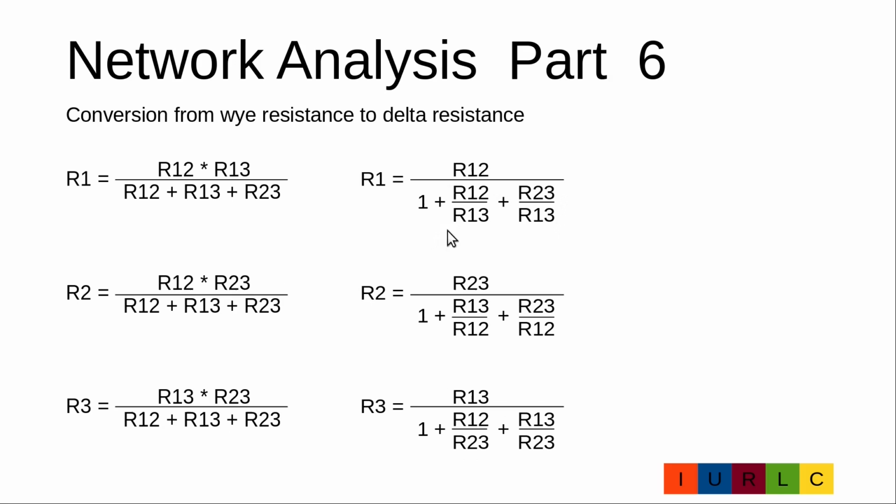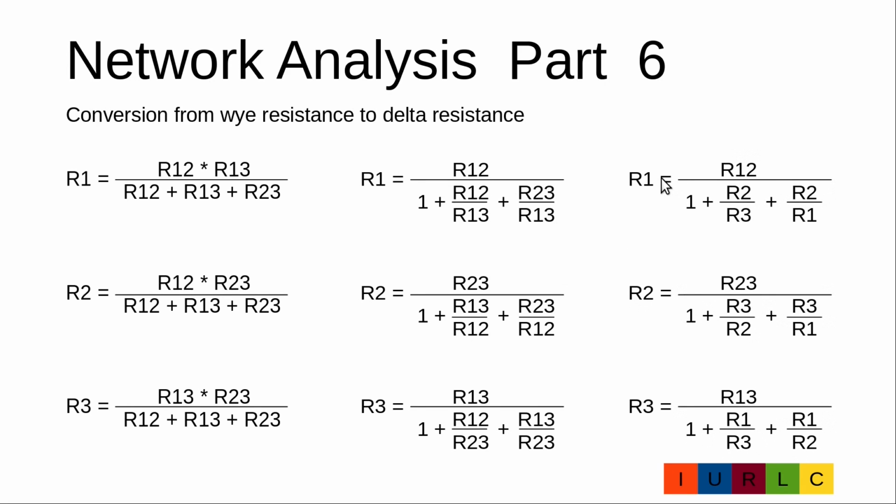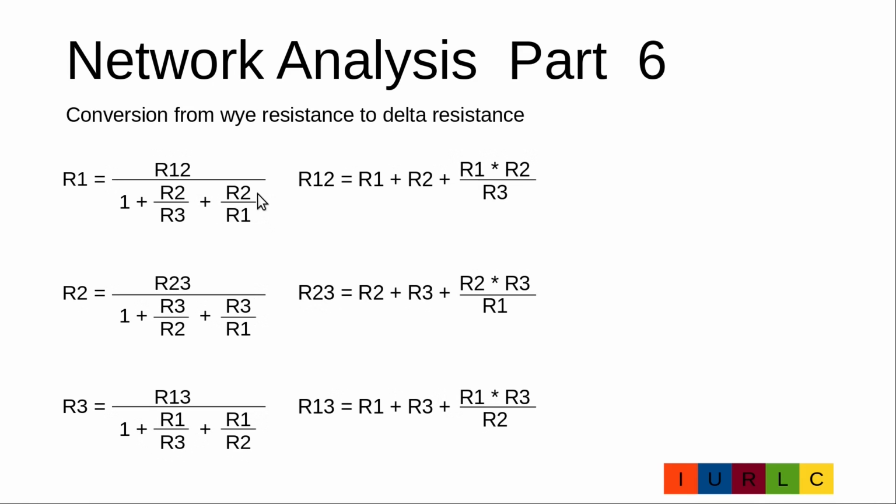Now we can replace these two fractions with the ones we have already calculated and get R1 is R12 divided by 1 plus R2 divided by R3 plus R2 divided by R1. We do it in a similar way on the other two lines. In line 2 we divide by R12, and in line 3 we divide by R23.